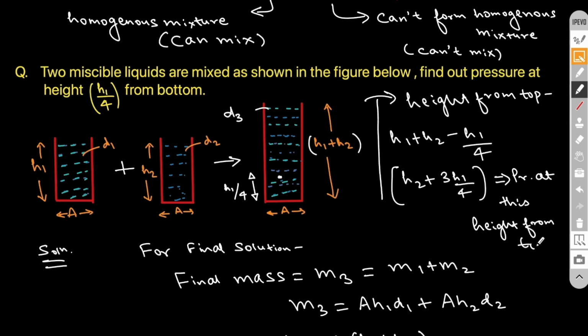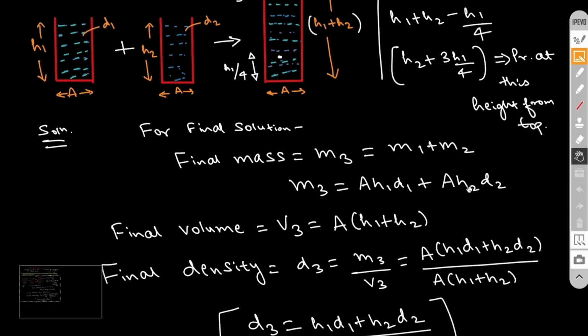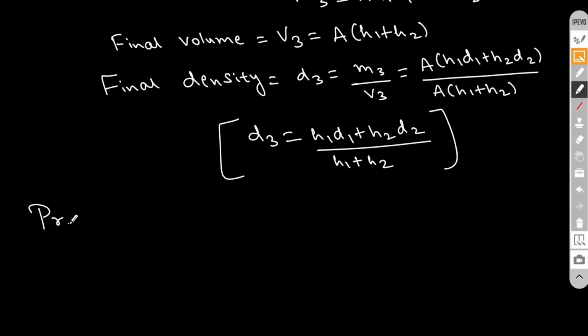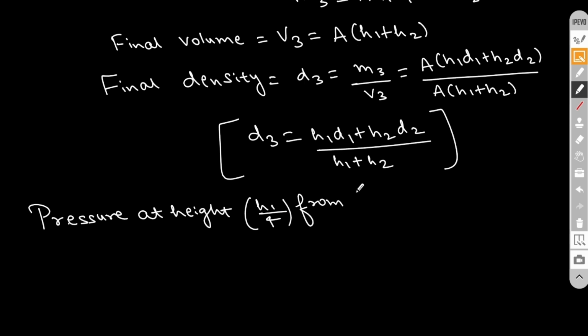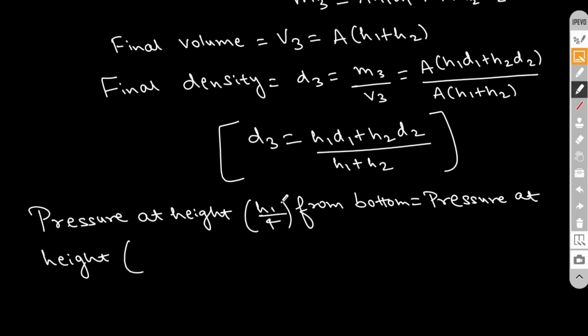So the pressure at h1 by 4 from bottom is equal to the pressure at h2 plus 3h1 by 4 from top. So this is the simple equation. The pressures at these two heights should be equal.